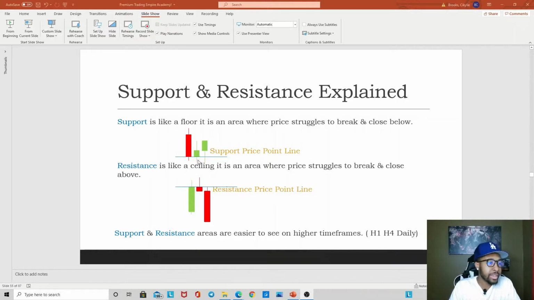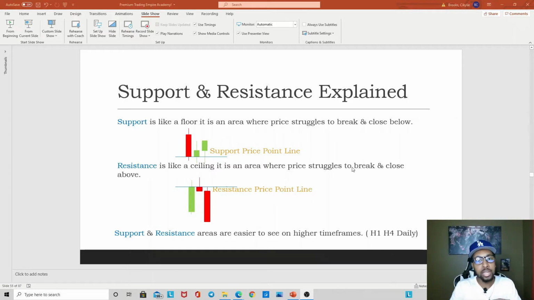Candles will struggle to break below this. That's how you know you have a strong support level. You see these pins to the low, aka wicks. You'll see how they reject, and then they probably form some kind of reversal candle after rejecting from the support level.